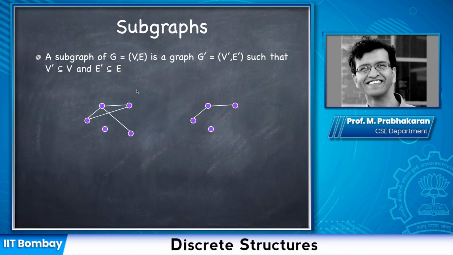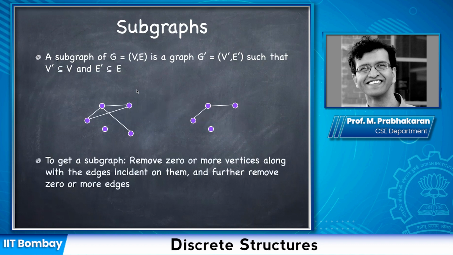So this is a subgraph of this, right? You could imagine getting a subgraph using a process where you first select V prime. So you cull out a bunch of vertices from here. In this case, you decide to remove this vertex. But if you're going to remove this vertex, you have to remove all the edges that are incident on that vertex.